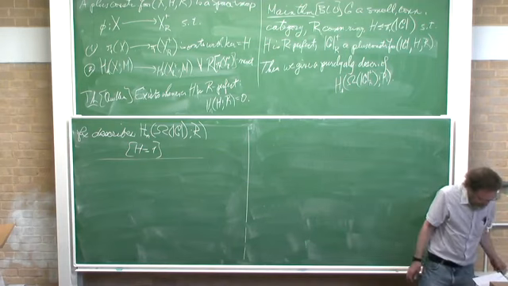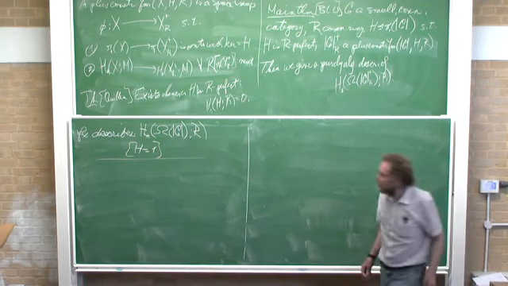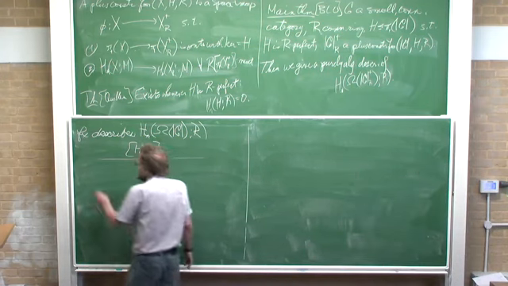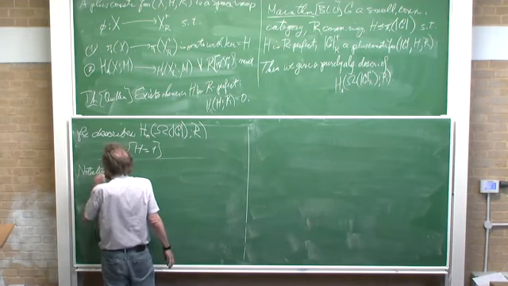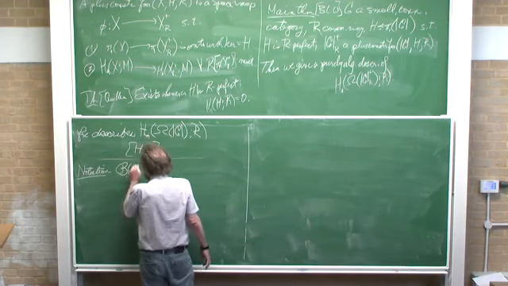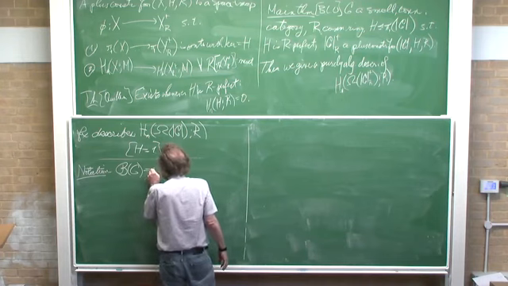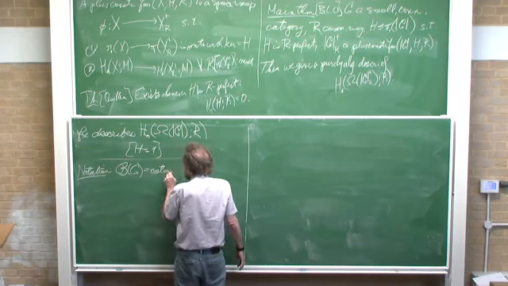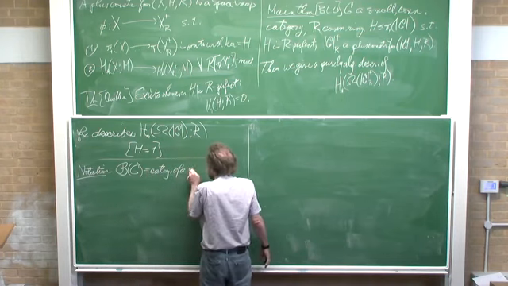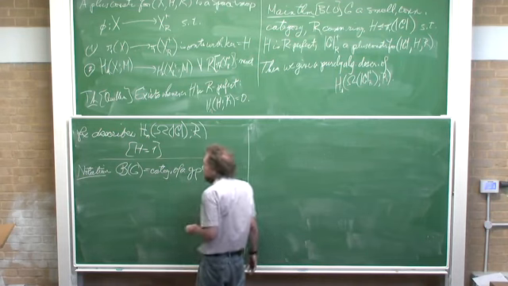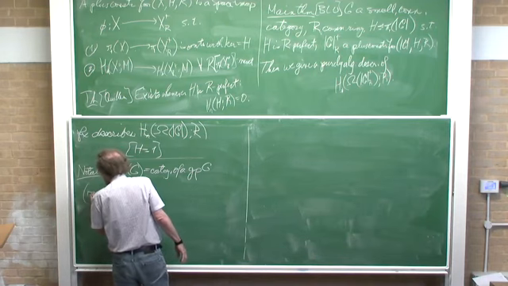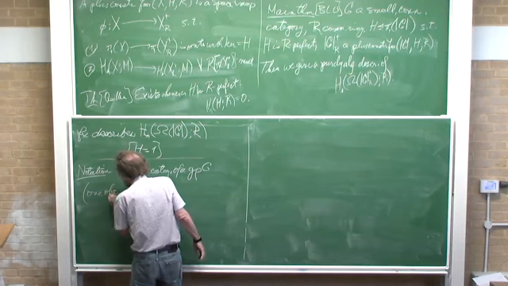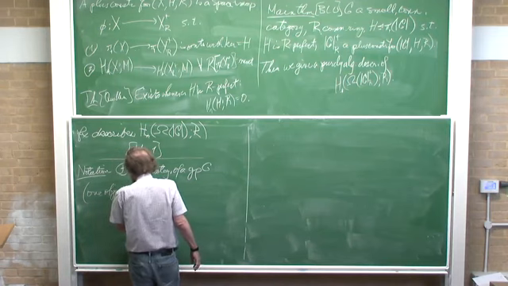Okay. Just some notation. We write script B of G for the category for the group G. So it's the category of one object, star.